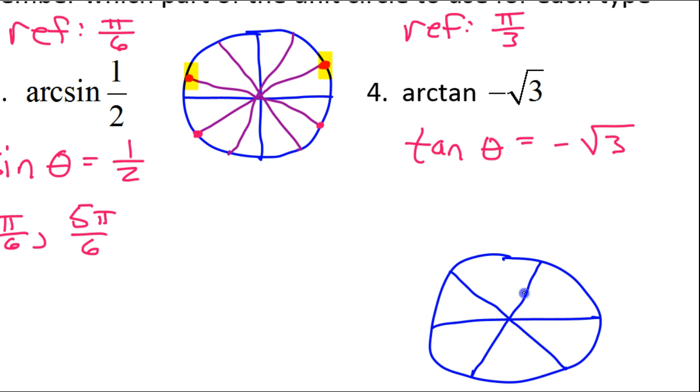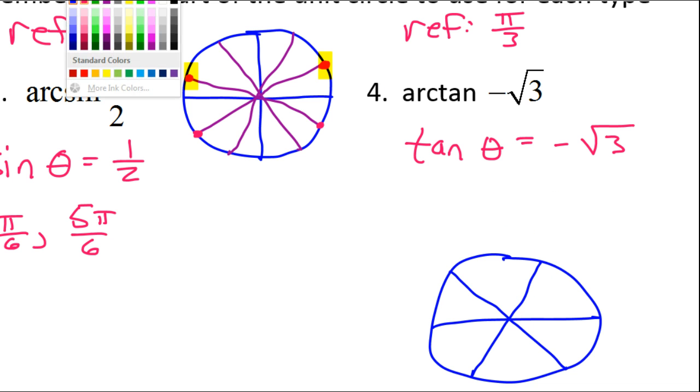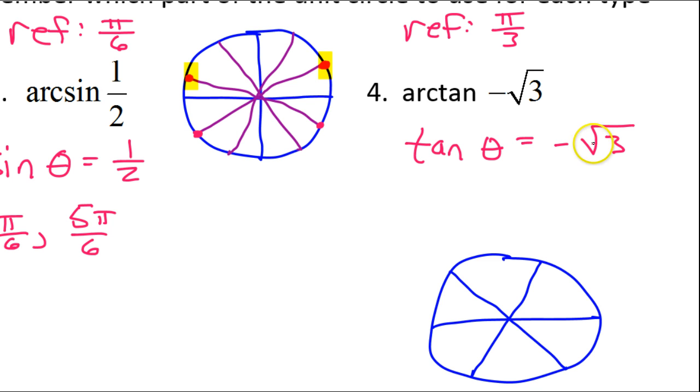That means they are pi over 3. Now, there are 4 positions that will give me some kind of a radical 3. It's all 4 of these actually, because they all have a reference angle of pi over 3. But 2 of these will have a positive tangent, and 2 of these will have a negative tangent. This time, I want the ones that are negative.